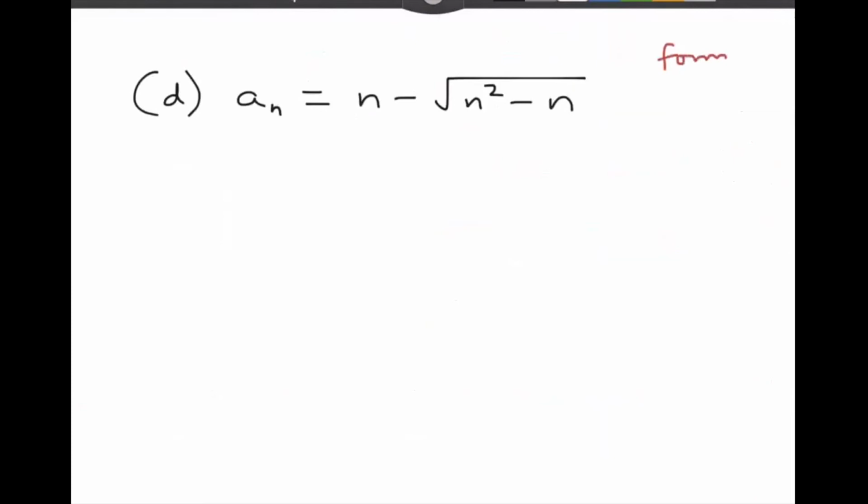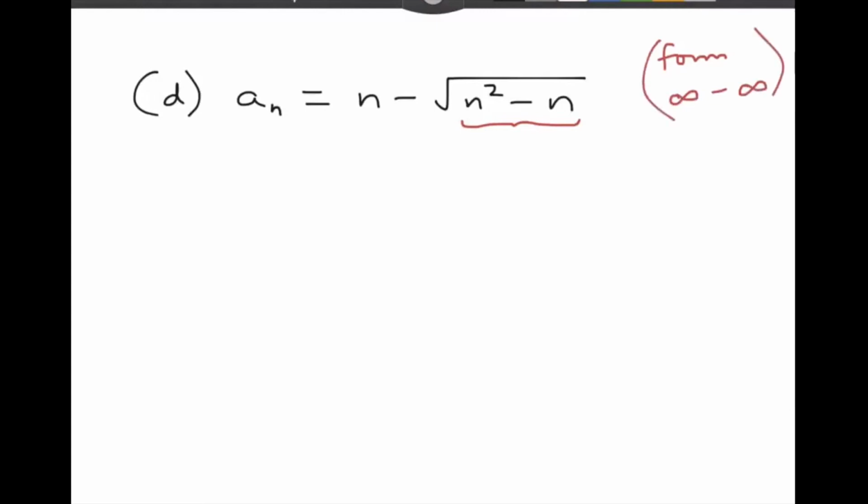And I guess you could argue that you have an infinity minus infinity going on just right there, right? But the point is that the n squared overpowers the n as n gets larger and larger and larger. So n squared minus n is approaching infinity. This thing has the form infinity minus infinity.